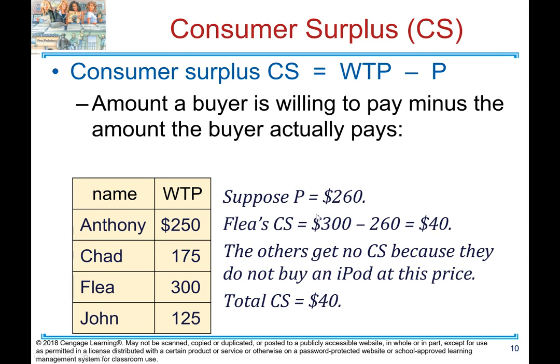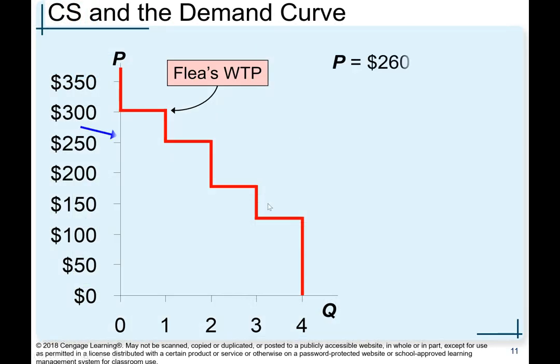In other words, Flea's willingness to pay is $300, but he gets to pay $260. So there is a $40 consumer surplus. The others get no consumer surplus because they do not buy an iPod at this price. So total consumer surplus, if Flea is the only individual purchasing an iPod, is $40.